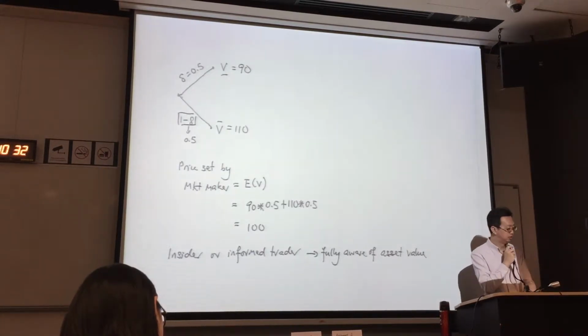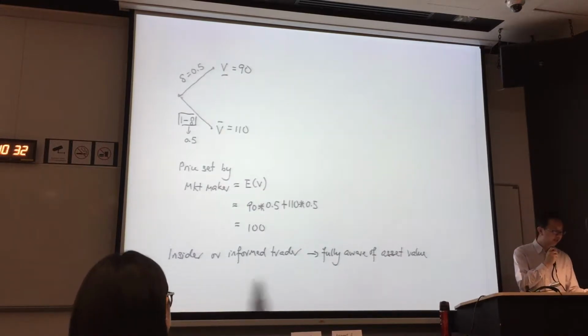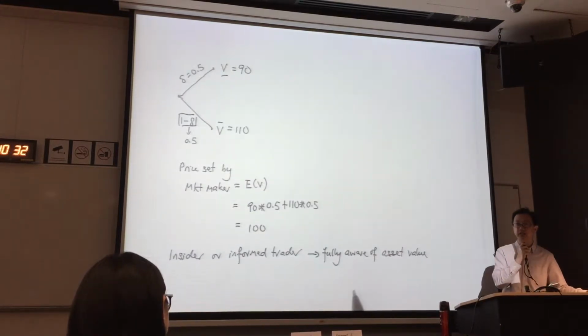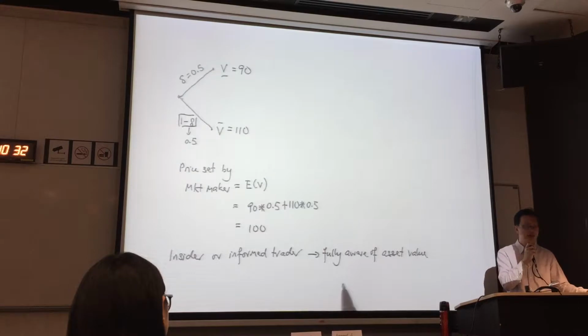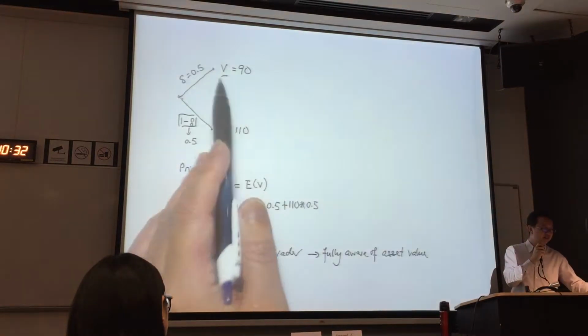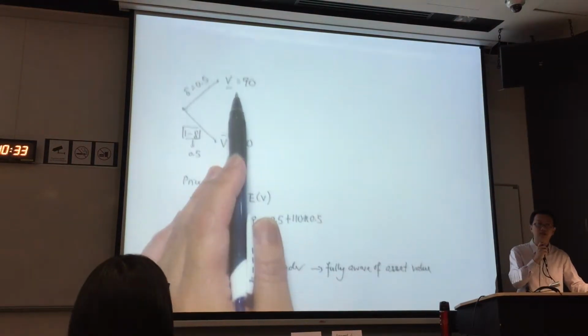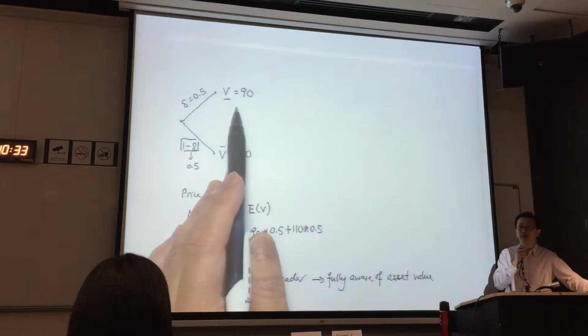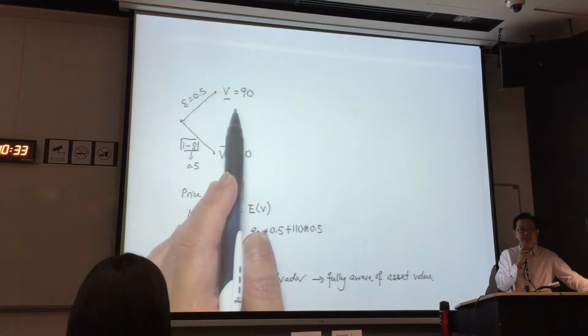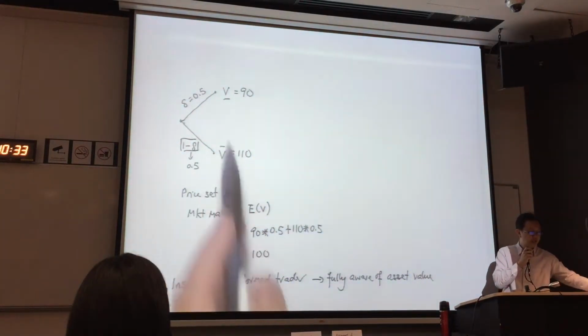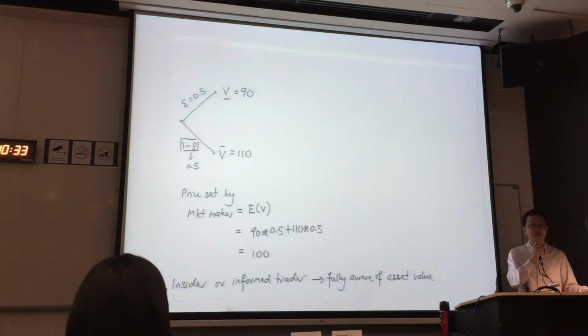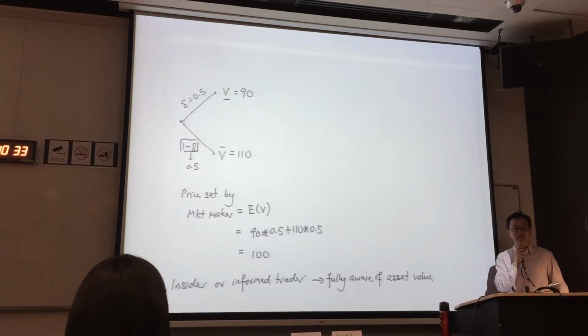Understand now? Since the informed traders are fully aware, what would they do? If the value of the asset is 90 and this is fully known by the informed trader, would the informed trader buy or sell?